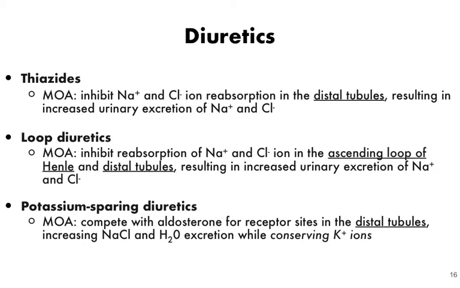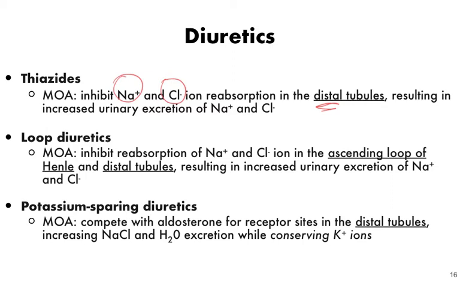First, let's talk about thiazides. So thiazides work on sodium and chloride reabsorption in the distal tubules in the kidneys. And when those ions are reabsorbed, water will follow those ions into the distal tubules. That increases urinary excretion of the ions as well as water.